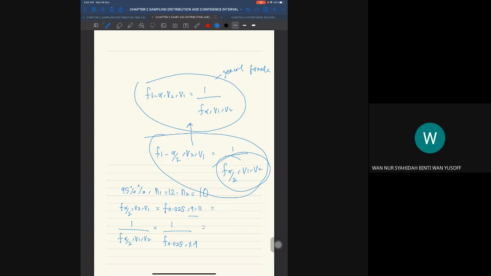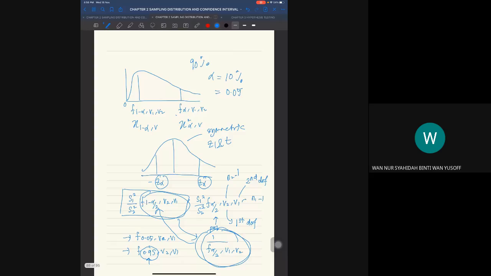Another one, 11, 9, we have 3.9121. So 1 divided by this, then you get the answer. Everybody got how to find the value in the statistical table? Yes, ma'am.